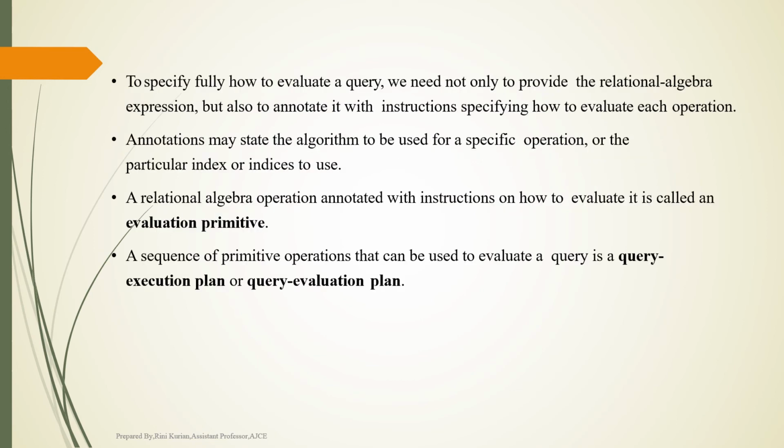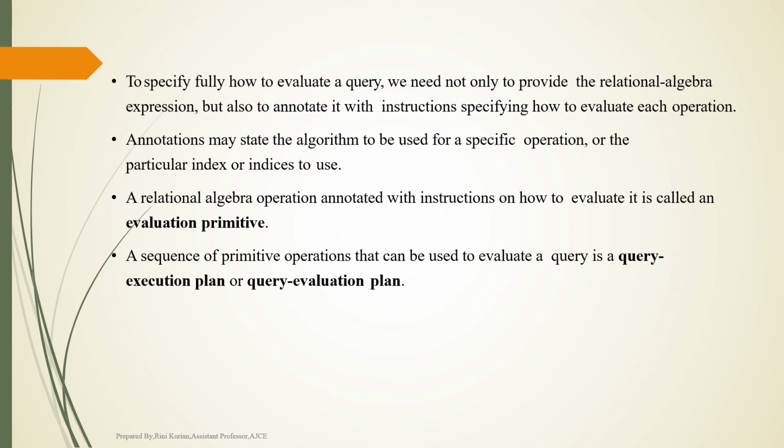To specify fully how to evaluate a query, we need not only to provide the relational algebra expression, but also to annotate it with instructions specifying how to evaluate each operation. Annotations may state the algorithm to be used for a specific operation or the particular indexes to use.